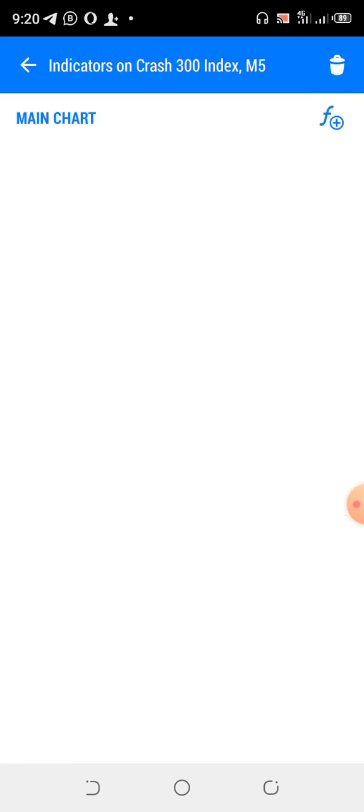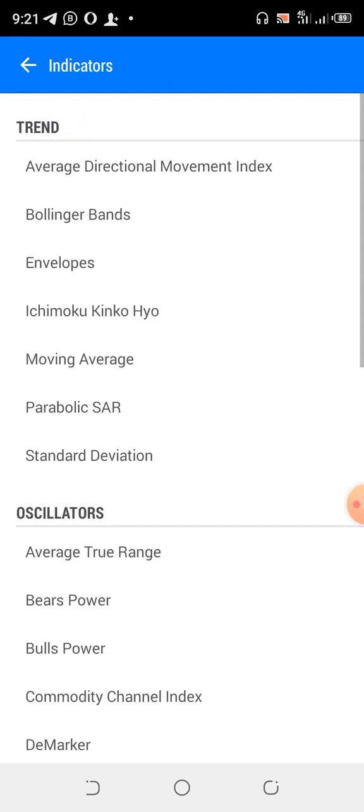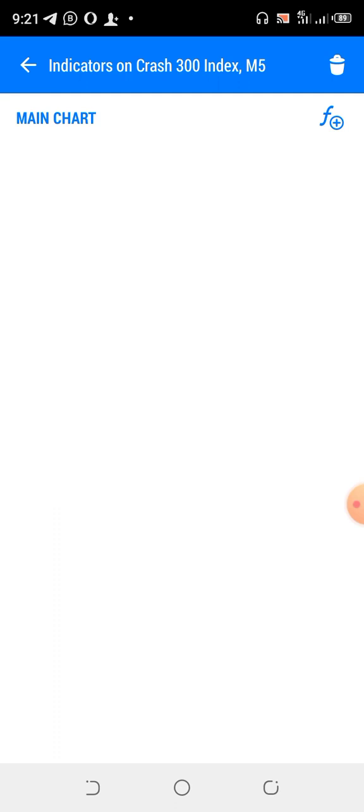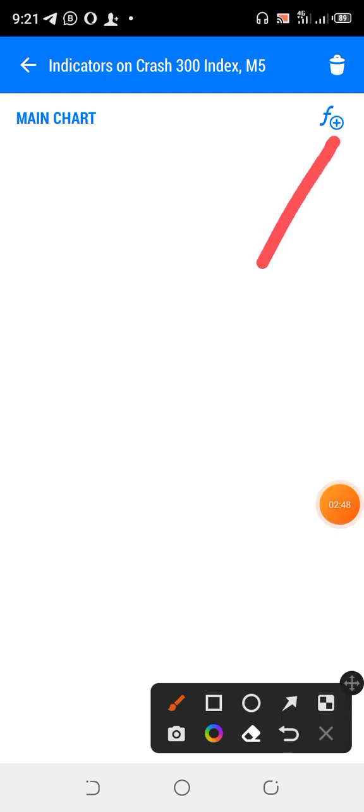Then you touch the F plus here, which is this one, for newbies, but those who are old in it know these things already. So for newbies, you touch here.